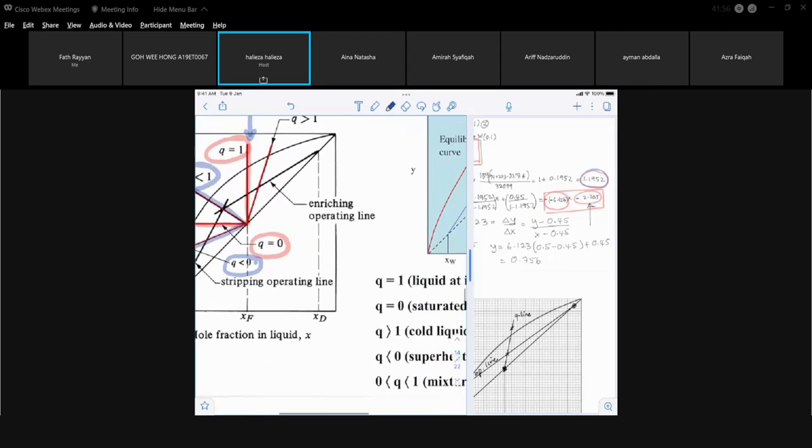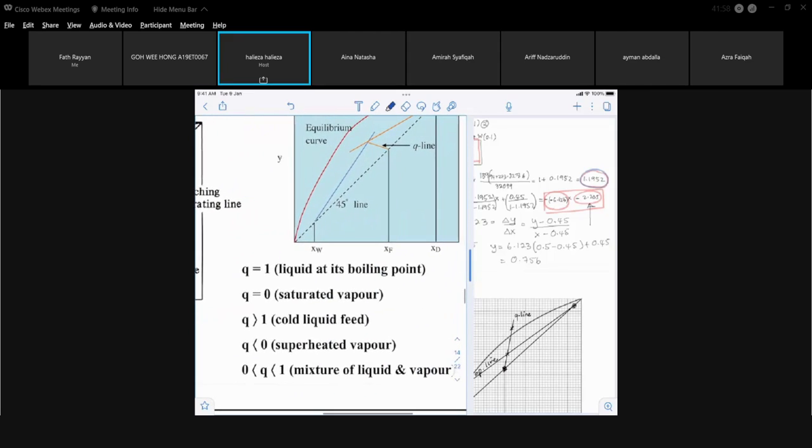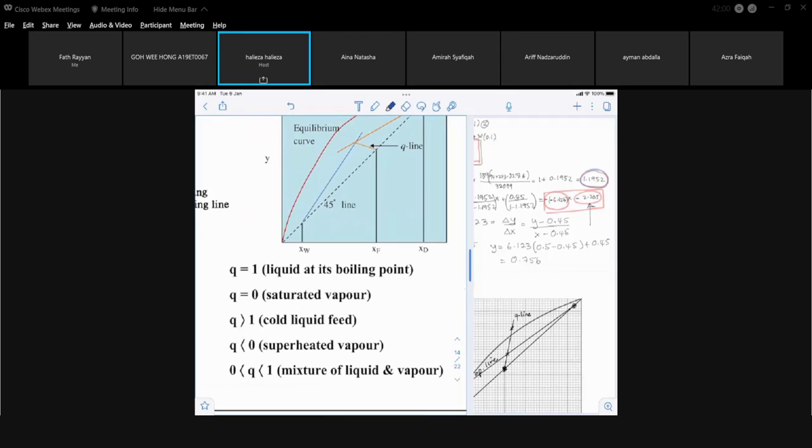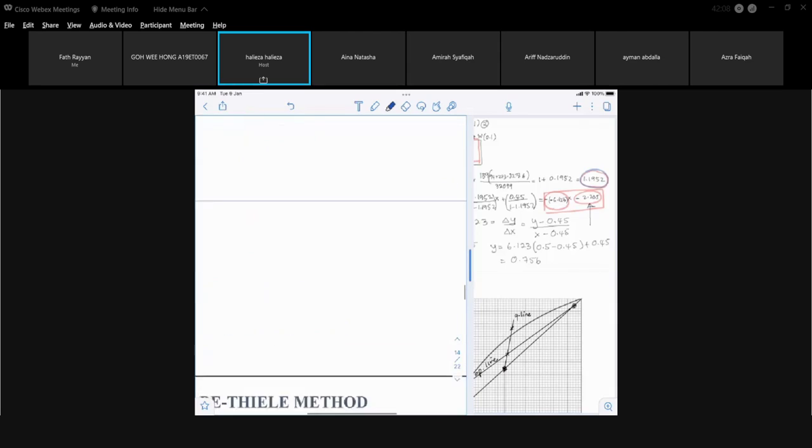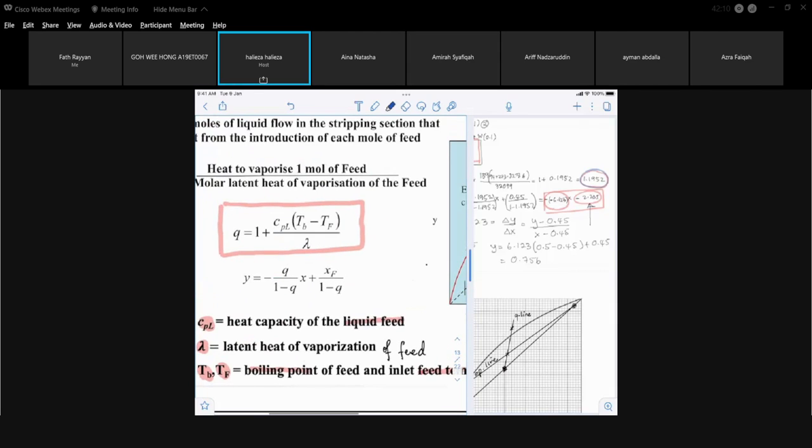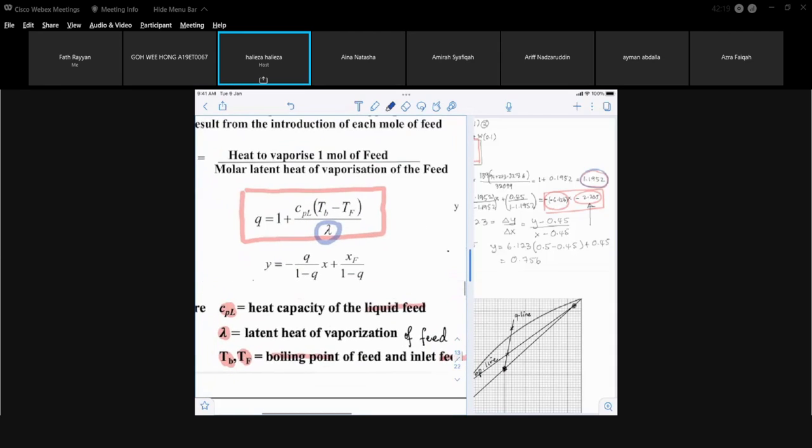So when is Q equal to 1? Q is equal to 1 when your feed is at its boiling point. When the feed is at its boiling point, then your Q is equal to 1, based on the equation for the Q that we used before, because you have to remember this is the latent heat of the feed, and the boiling point is that temperature, and this is equal to the same boiling point.